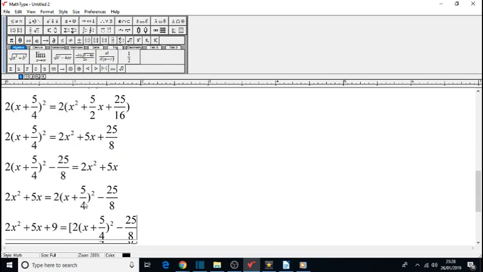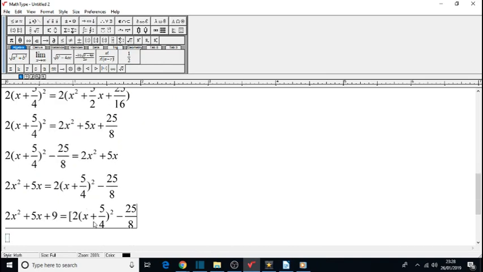Work smarter, not harder. 2(x + 5/4) squared minus 25/8 plus 9, because the left-hand side is also plus 9. Work that out accordingly.